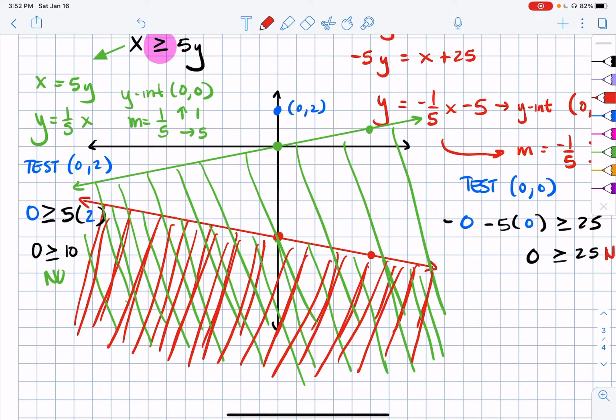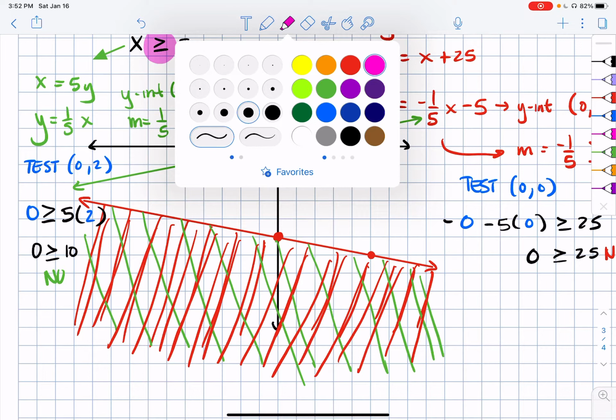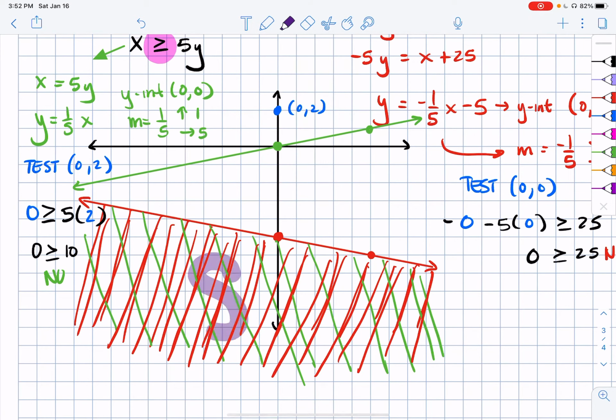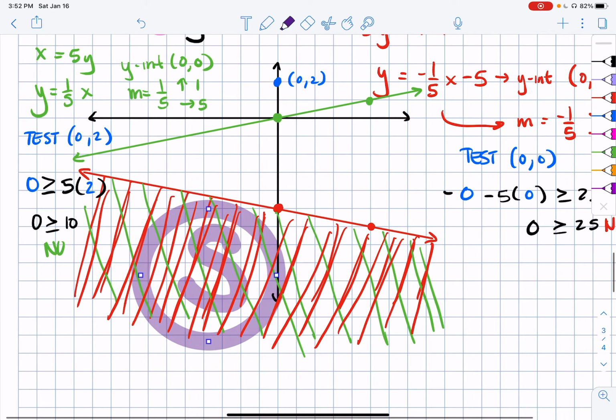Very Christmassy. So that means I have to get rid of these, right? So that will be your so-called solution, and I'll write that with something darker. There you go. So that would be my solution right there, which is choice A.